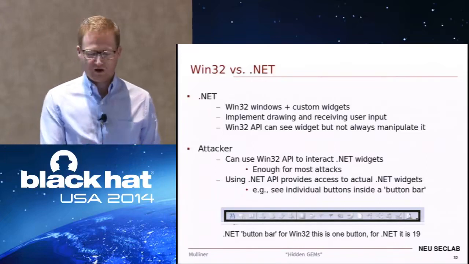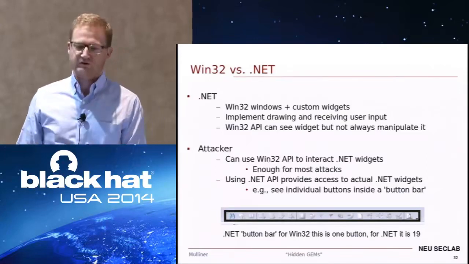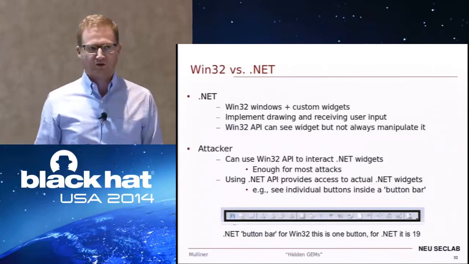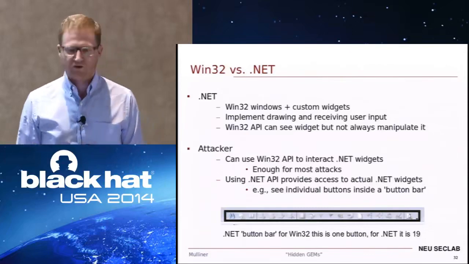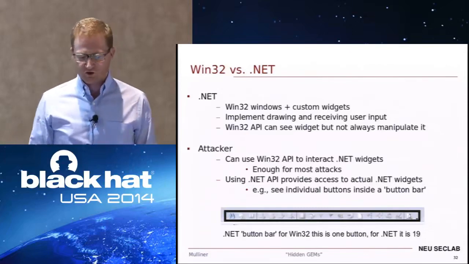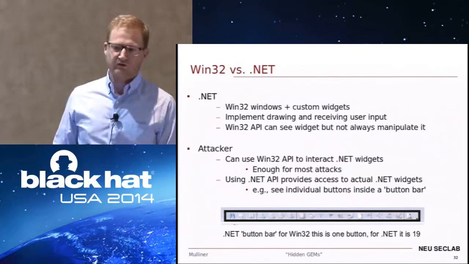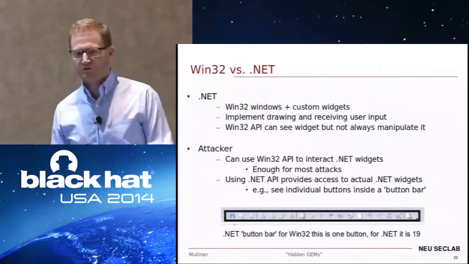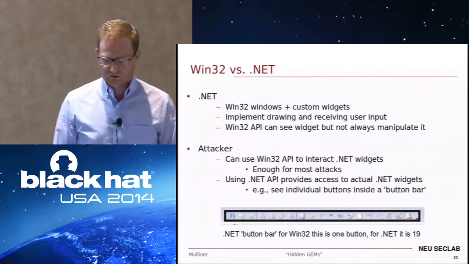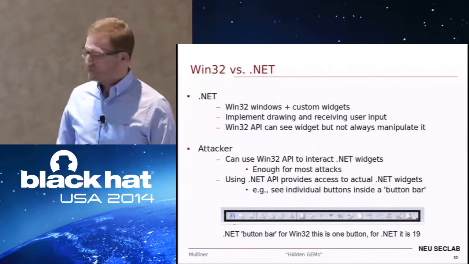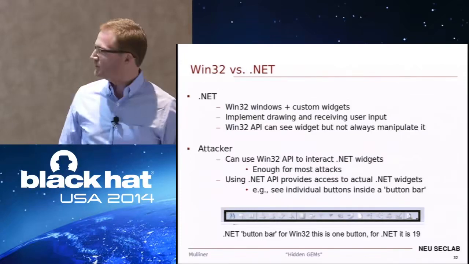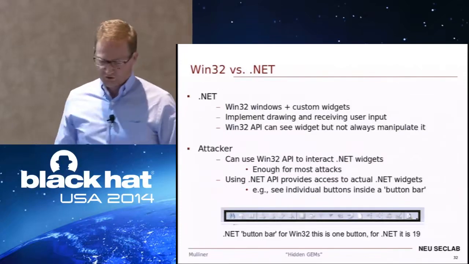But if you want more sophisticated or more detailed access to what's going on inside of an application, if it's not a Win32 application but a .NET application, for example, you just use the .NET API to send specific commands to specific kinds of windows. One very easy example is this button bar from one of the applications.